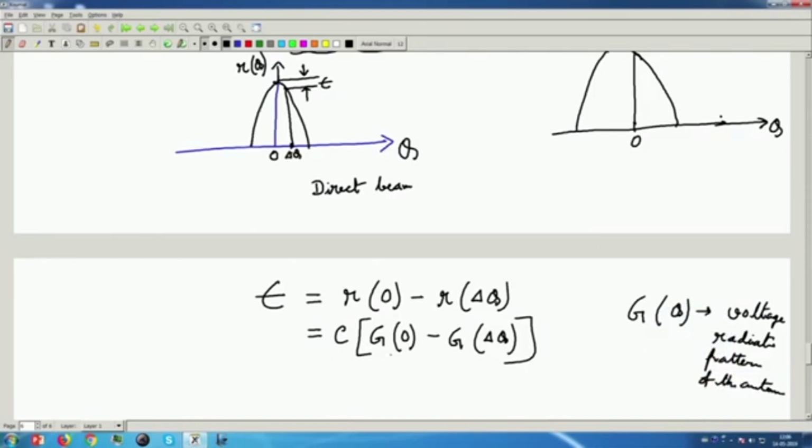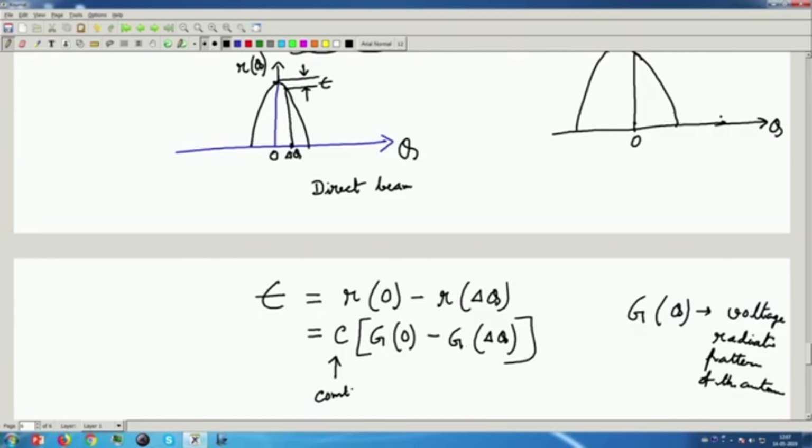So G0 is the voltage given by the antenna when you look at an angle 0, and G of delta theta is the voltage when you are at an angle delta theta from the reference, and C is a multiplier. So this is for a relative thing. Now, for your actual thing, how much return you are getting, that is this. C is a constant; we can say for our model that C is a constant. Okay.